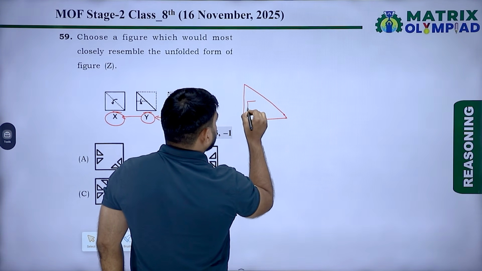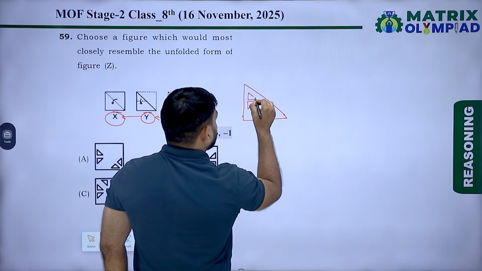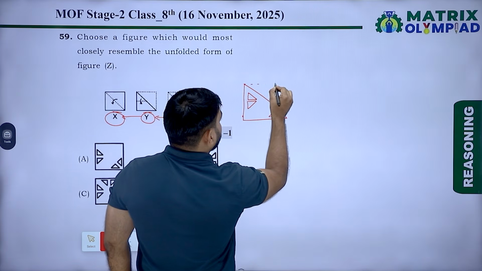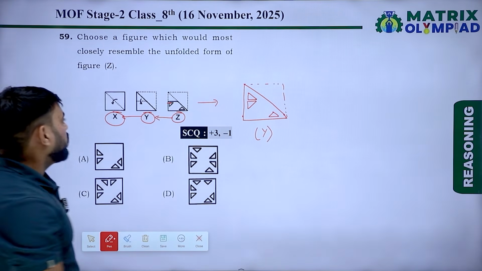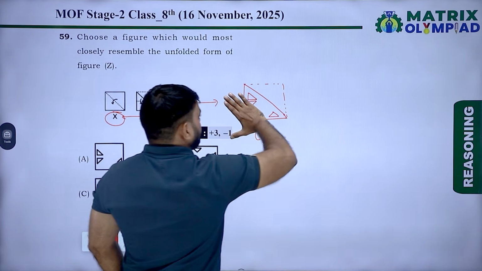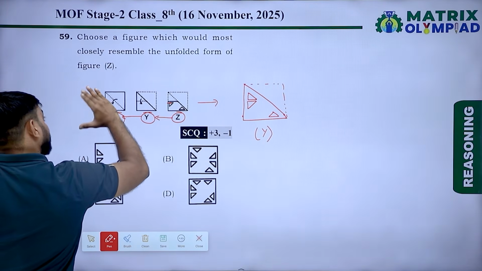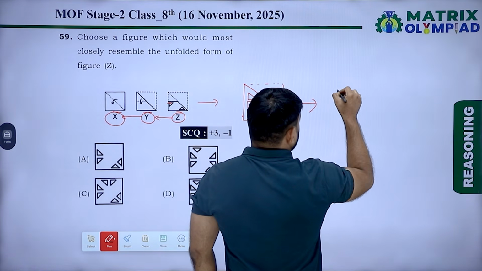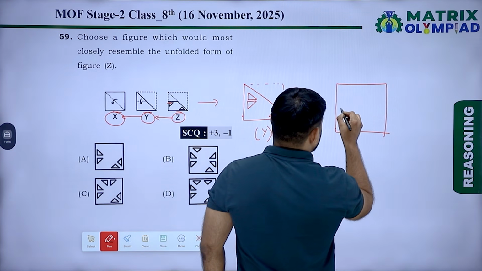something like this. And this is the folded part. This is Y. Now unfold the Y. So Y will be unfolded in this direction because X has been folded in this direction. So when we unfold the Y, then we get an image something like this.